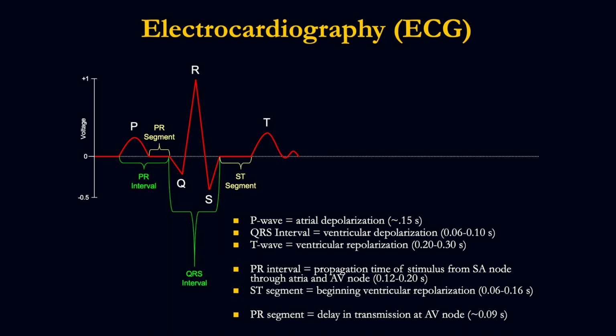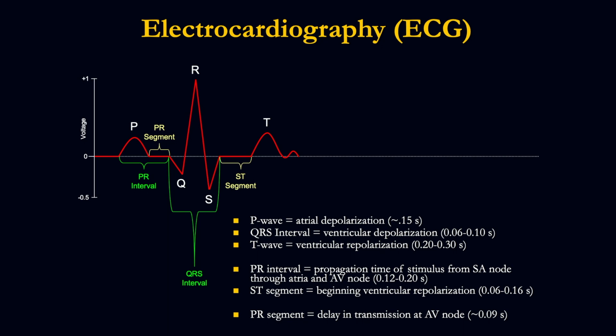It's important to note that the T wave defies the logic that we've already established, and that is if electrical activity is going towards the positive electrode, it manifests as a positive deflection. But in this case, we have electrical activity that's going away from the positive electrode, but manifests as a positive deflection. So that is something that you're going to want to take note of.